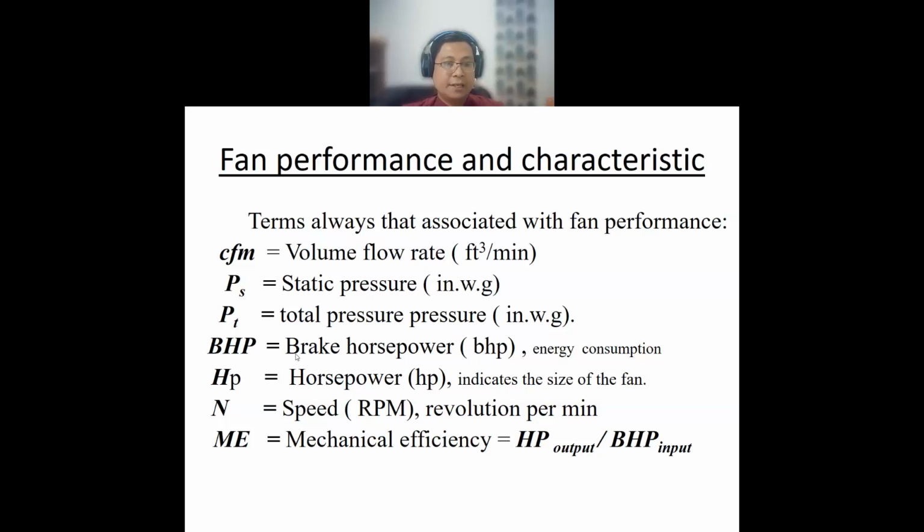BHP, brake horsepower, energy consumption, and HP, horsepower. So we have to differentiate between the BHP and the HP. If you realize, the BHP means that when you run the fan at different speeds, it will consume different energy.